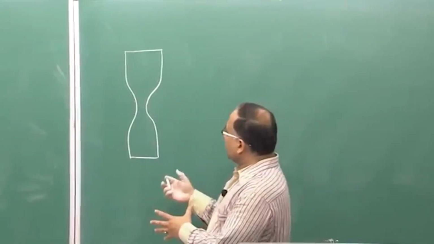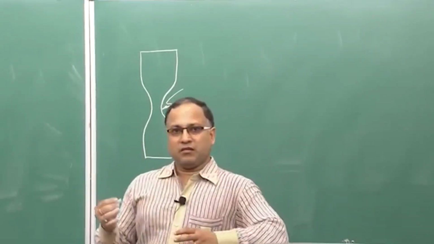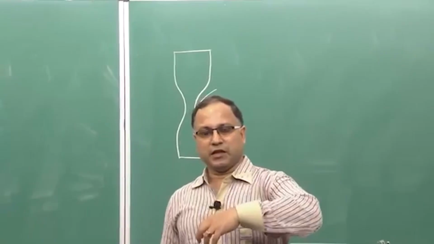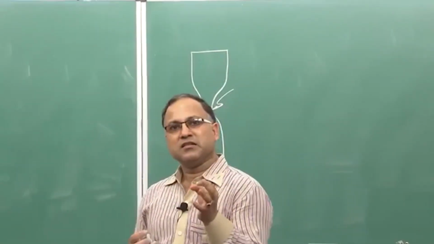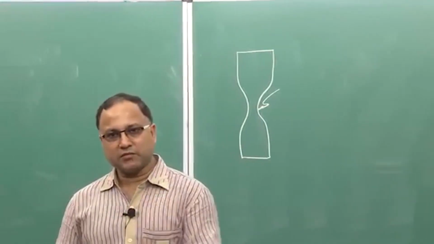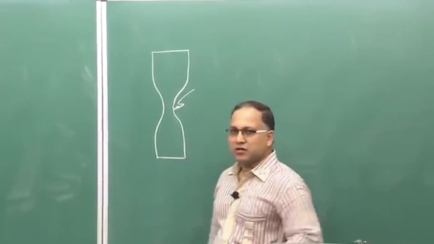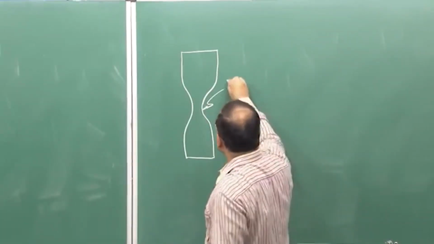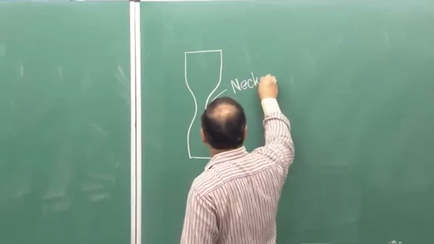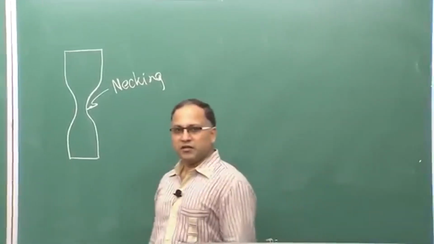At a certain point you will be getting this kind of reduction in the material when you are pulling it, at the failure, in the rod or the one dimensional bar, whatever you consider, and this is known as necking. That happens generally just before the failure.